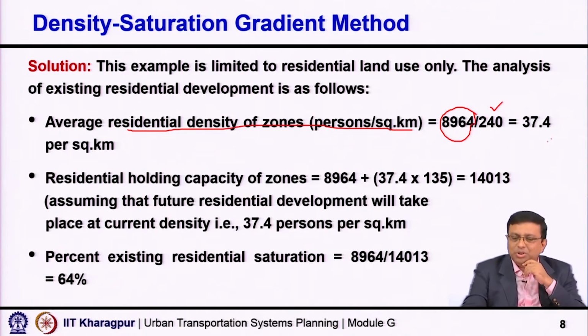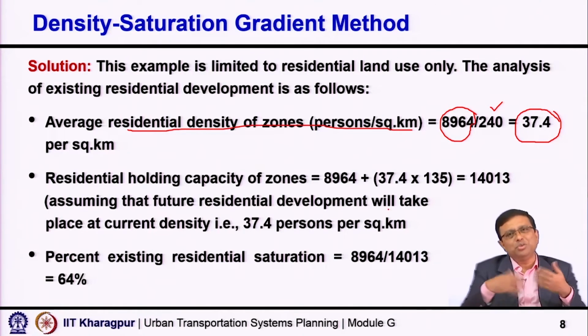So, divided by 240, you know that it is 37.4 per square kilometer, and let us assume in this case that in future also we will allow a similar kind of development. You may allow a different value. Your policy may be that now it is 37.4, I will use a higher value, it is quite possible, and understand that these numbers do not mean anything, it is just for example purposes we have taken some numbers to show you how the calculations can be done.